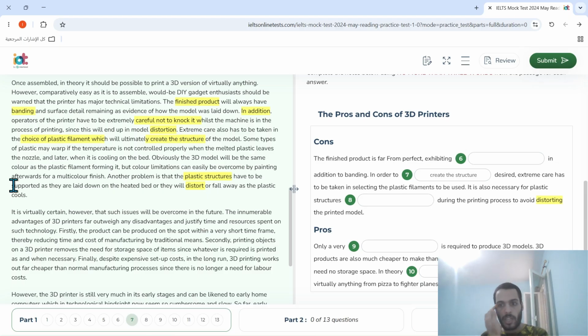It is also necessary for plastic structures to be supported as they are laid down on the heated bed. Okay, to be supported.